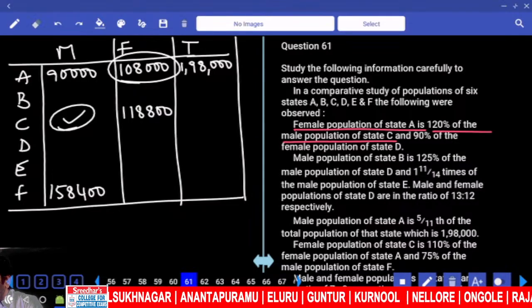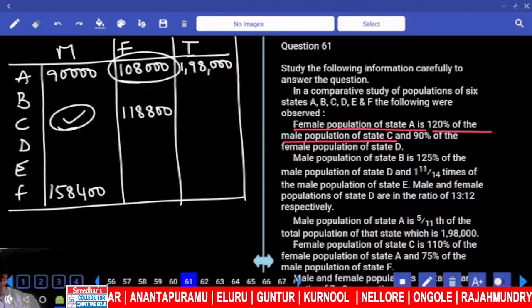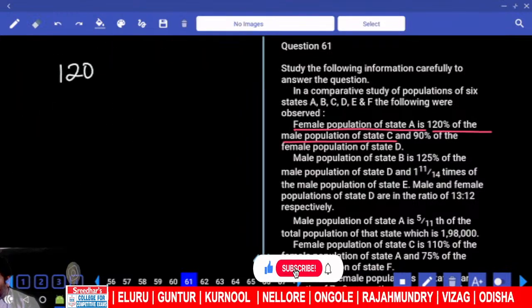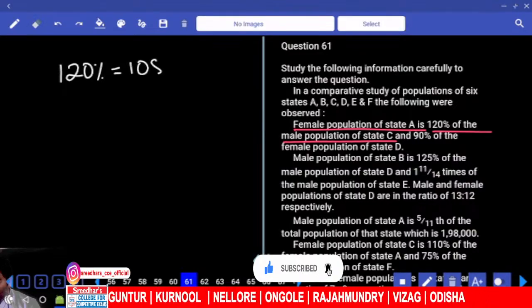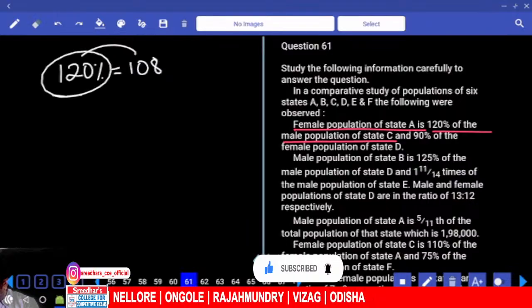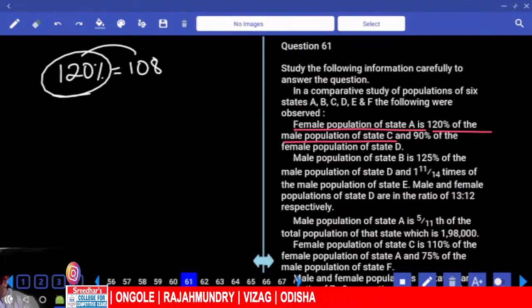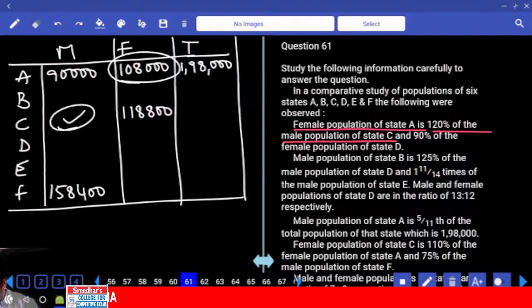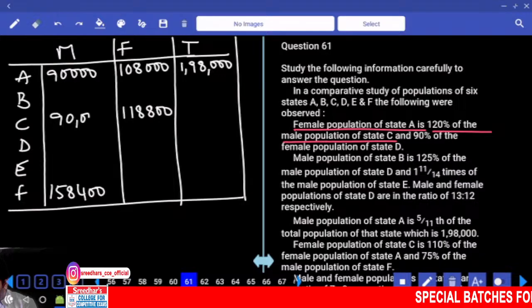What do you see? 108. 120 percentage is 108. What is the difference? 10% of this number, right? Then 100 percentage will be, what is 10%? 10 less, how many more zeros? Then this is equal to 90,000.